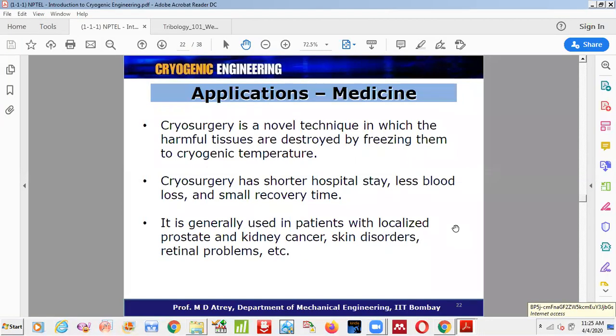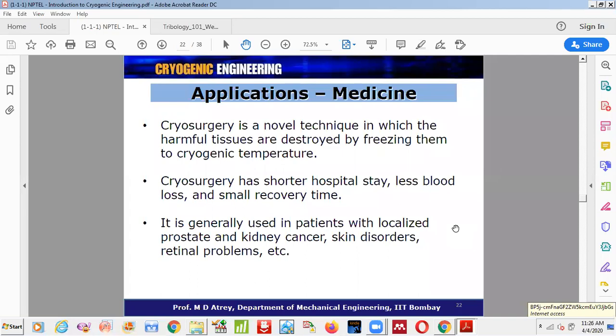It is generally used in patients with localized prostate and kidney cancers, skin disorders, and retinal problems. As I've already told you, if any particular part is infected, only this infected part has to be removed.